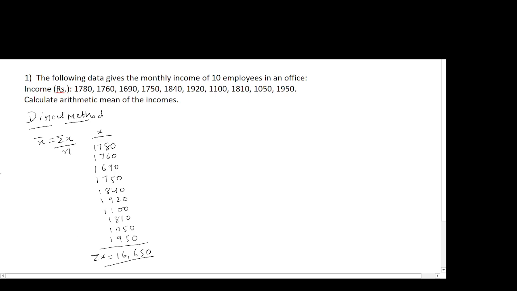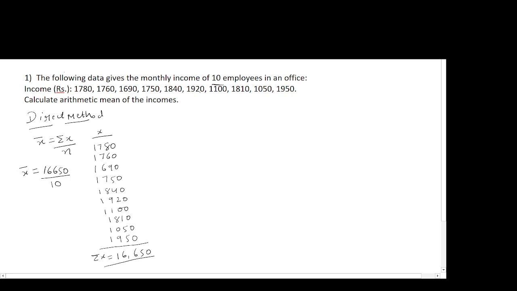Now once we got summation x value, let us apply the formula. X bar is equal to summation x total, how much we got? 16,650 divided by n. What does n stand for? N stands for number of observations, that is the number of given values. How many values are given here? 1780, 1760. So 1, 2, 3, 4, 5, 6, 7, 8, 9, 10. There are 10 observations given. From the hint in the question, they have given that there are 10 employees.